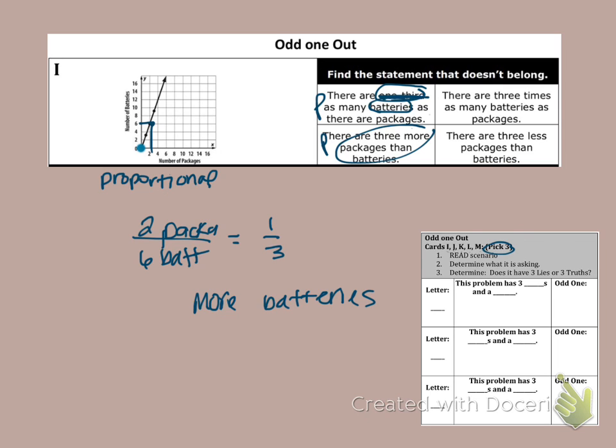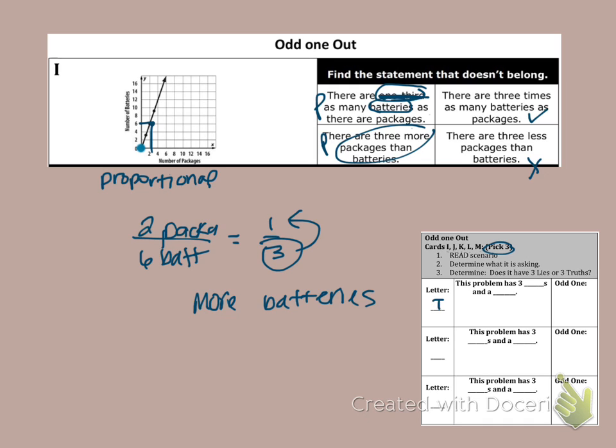So then there are 3 times as many batteries as there are packages. Is that true? Yeah, that's true. There are 3 times less packages than batteries. And that doesn't indicate multiplication. And when we're transferring through the things, we are multiplying.